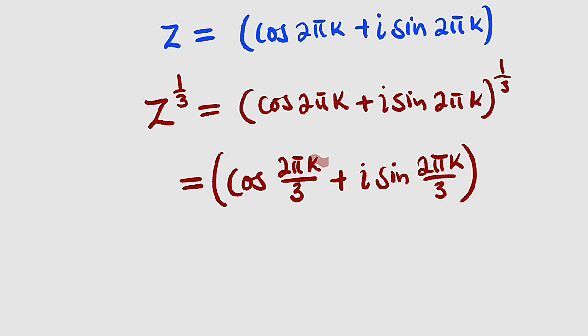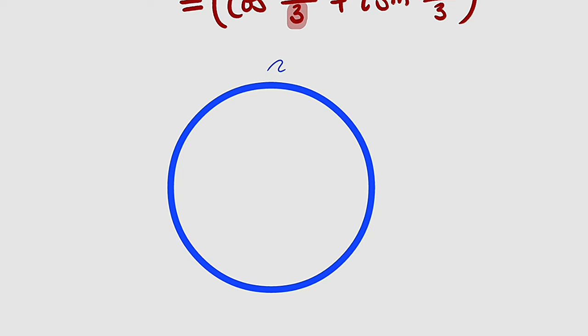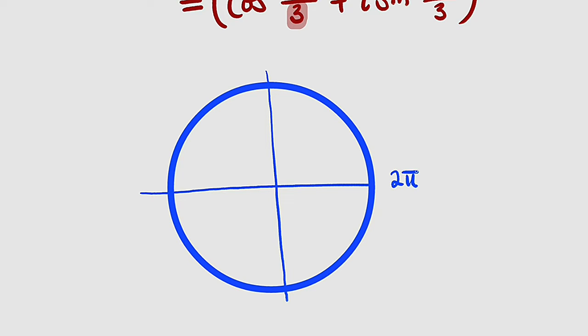Once we simplify this, we obtain the cube root of 1. Observe, this is a complete cycle partitioned into 3. A complete cycle is 360 degrees. If you divide it by 3, you obtain 120 degrees each, which is 2 pi divided by 3.